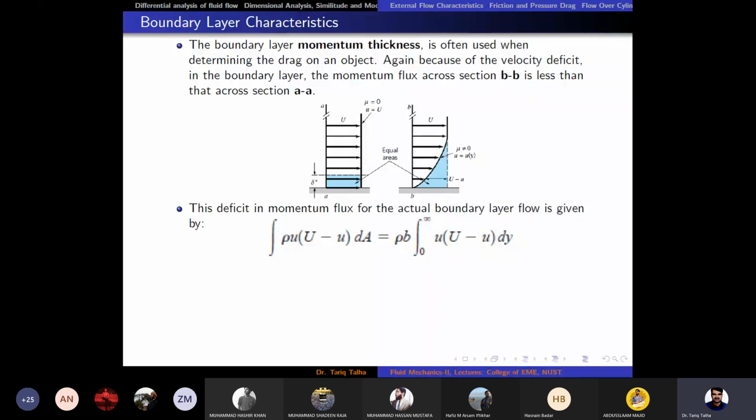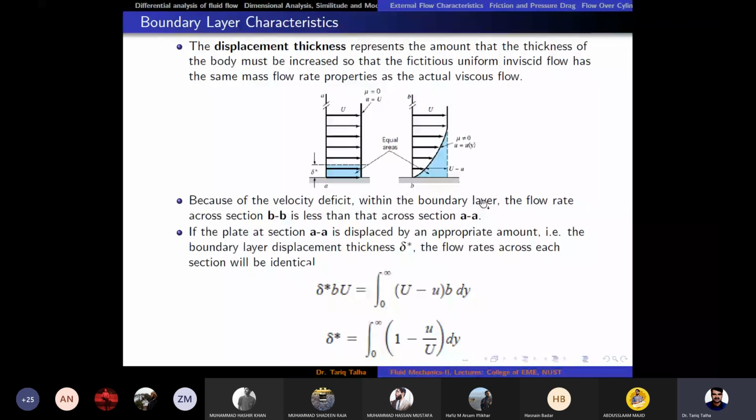If we see in this figure, within the boundary layer, the velocity gradients in the y direction are larger compared to the velocity gradients in the x direction. You can easily see that the velocity will decrease, but the reduction in velocity along the flow inside the boundary layer will be less compared to the wall normal gradient, which is in the y direction.